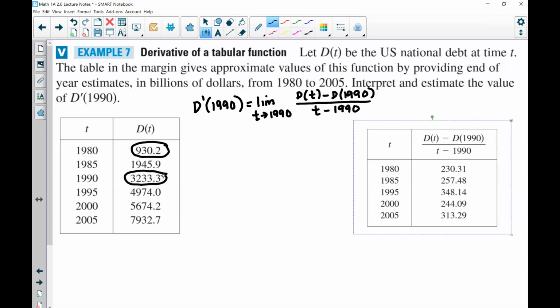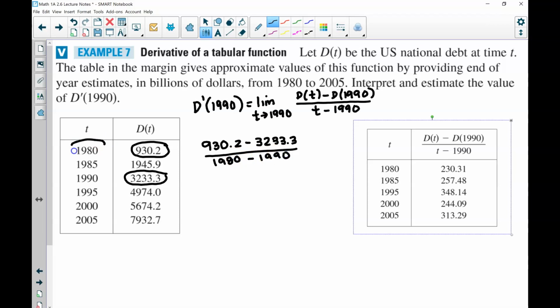So if we want to find the average rate of change, we're going to take y, which is 930.2, and subtract our other y value, 3,233.3, and then divide that by our x2 minus x1, which is 1990.